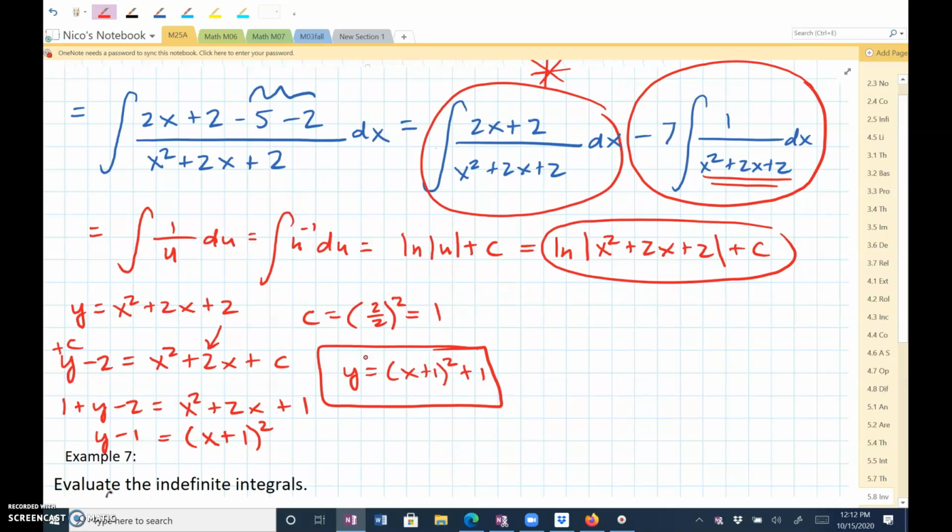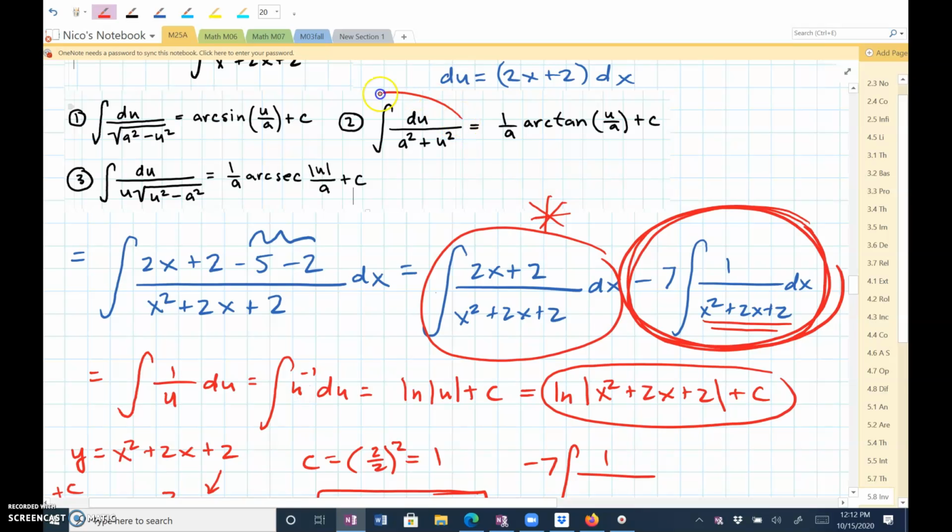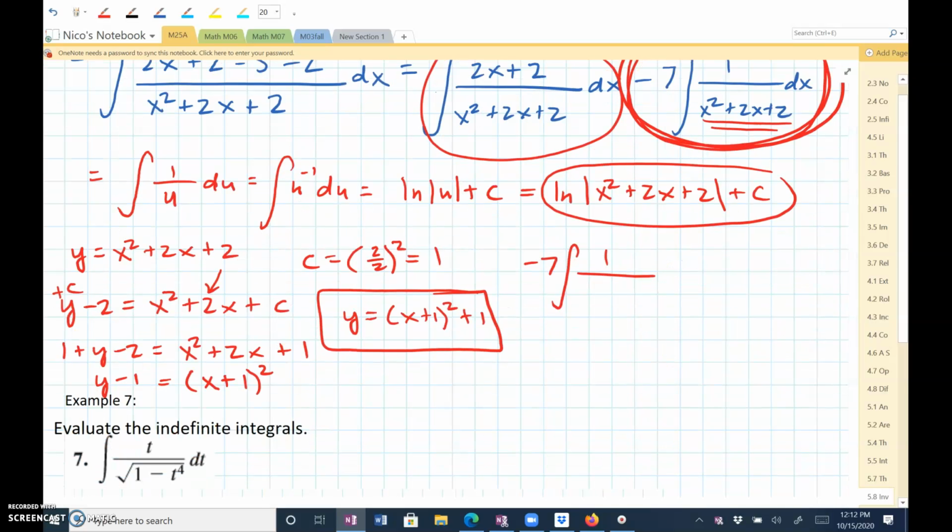So now I'm going to rewrite this as -7 times the integral of 1 over 1 squared plus x plus 1 squared dx, where u equals x plus 1, du equals dx.